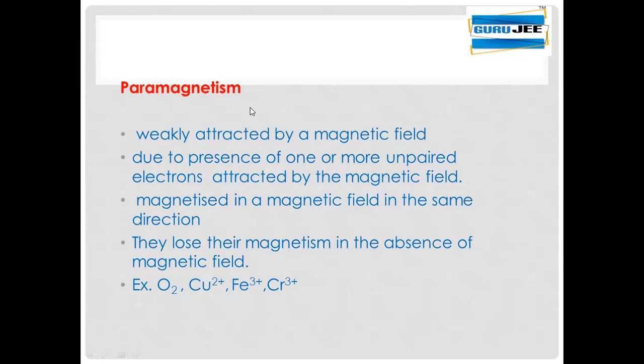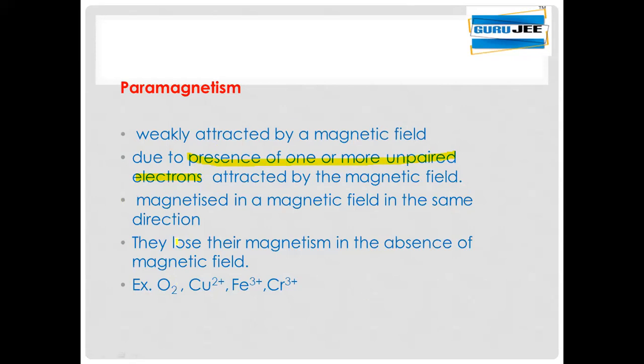Okay, so you should note down some points: presence of one or more unpaired electrons. It is the first feature of paramagnetism. Whenever you hear the word paramagnetism, you should remember that there will be the presence of unpaired electrons. It is a very important point.